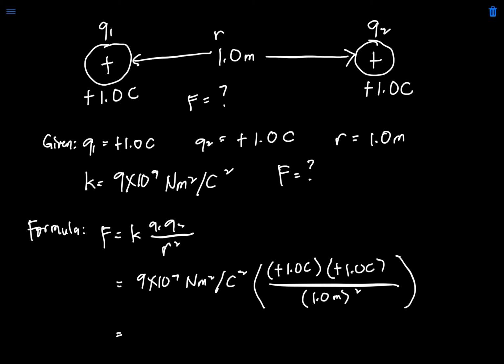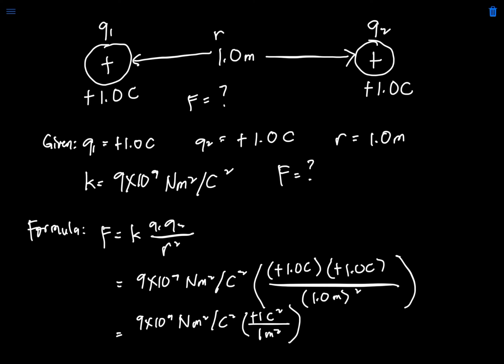Okay, now let's simplify this equation. So let's rewrite k, which is 9 times 10 raised to 9 Newton meter squared all over Coulomb squared. So what is 1 times 1? Of course, we all know that this is positive 1 Coulomb squared. And this will be 1 meter squared.